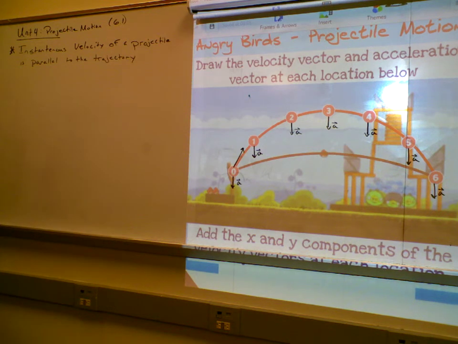Okay. So the instantaneous velocity of a projectile is parallel to the trajectory. At that spot. In that moment of time.